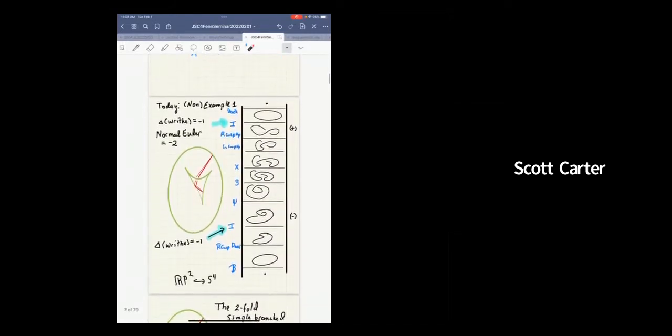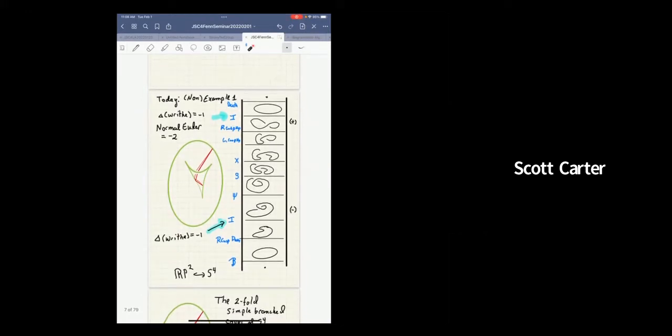So let's get back to the cross cap. This is actually a non-example of what I want to talk about, but it's a good non-example to start with. So this is an embedding of RP2 in R4. This is a movie description of it. So at the bottom of the movie, we have a birth. Then I have a cusp, and this looks like it's a right cusp down. And then there's a Reidemeister type 1 move, and that Reidemeister type 1 move gives you this little Harry Potter thing here.